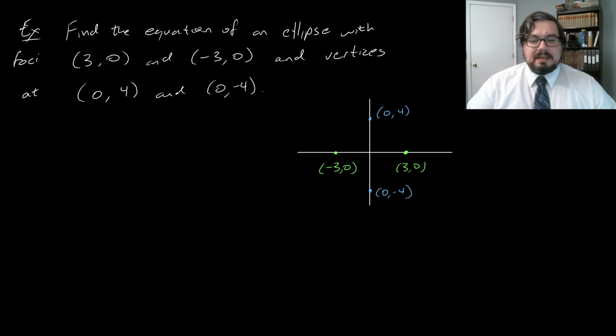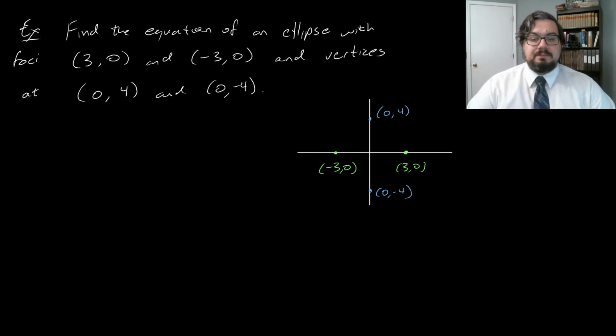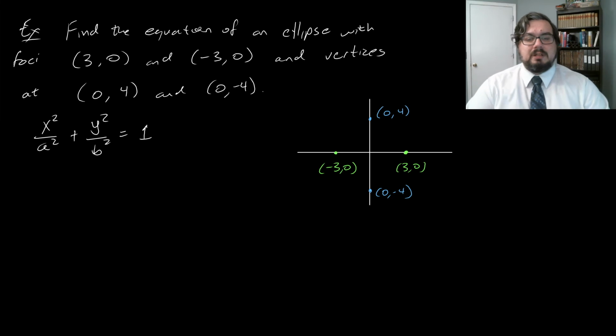So because the vertices are arranged vertically, above and below the origin, we know that we're looking for an equation of the form x squared over a squared plus y squared over b squared equals 1.